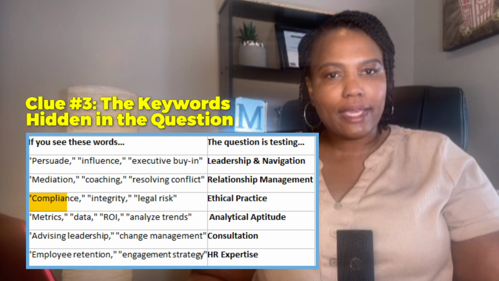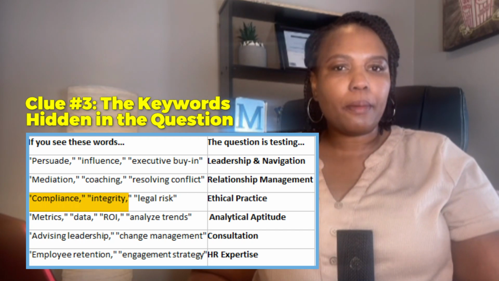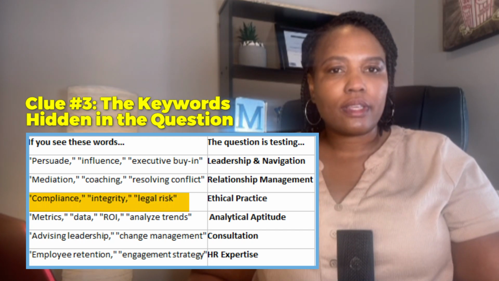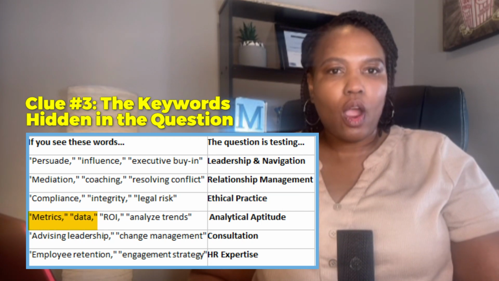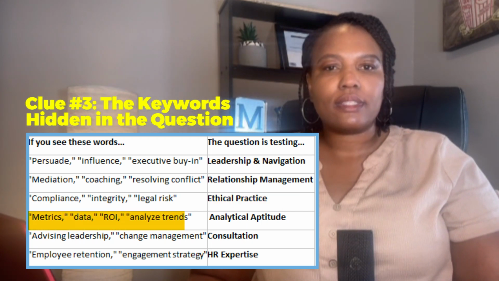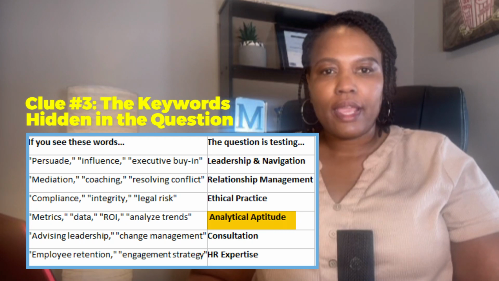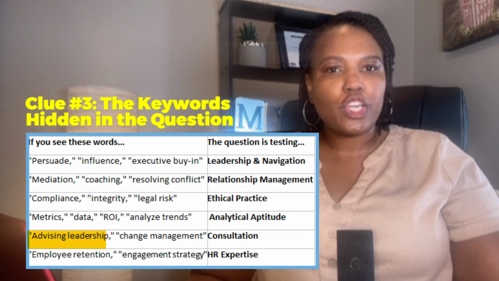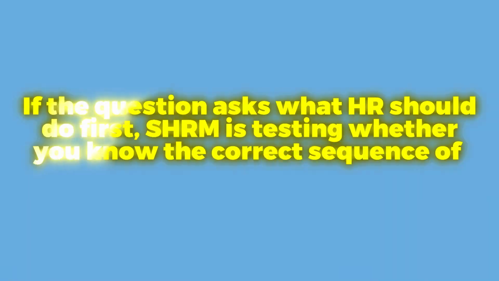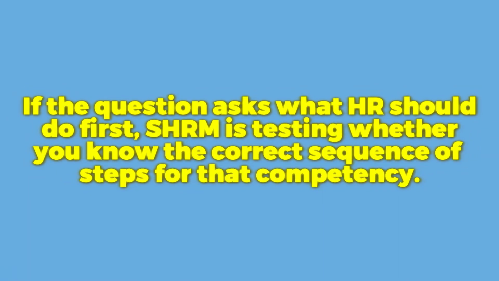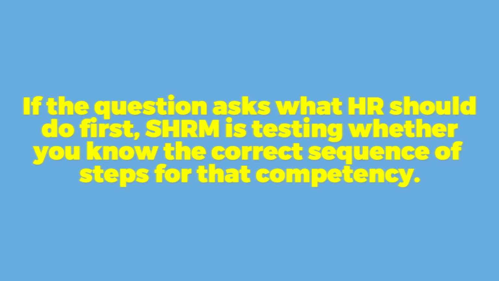If you see compliance or something about integrity or legal risk, they're testing ethical practice. Metrics, data, ROI, analytical trends, analytical aptitude. Advising leadership or change management, they're testing consultation. If the question asks what HR should do first, then they're testing whether you know the correct sequence of steps within that competency. Now let's apply this to an actual exam style question.